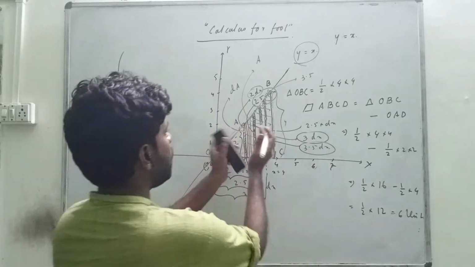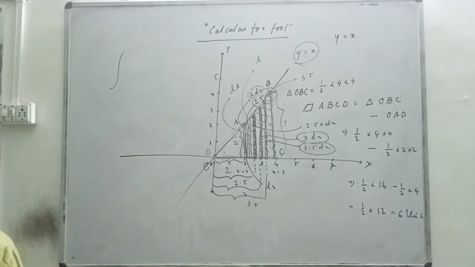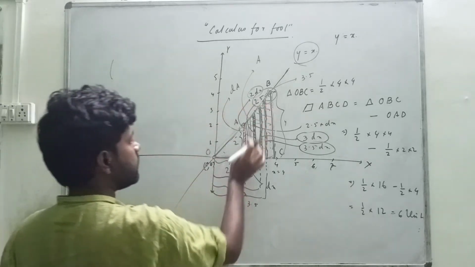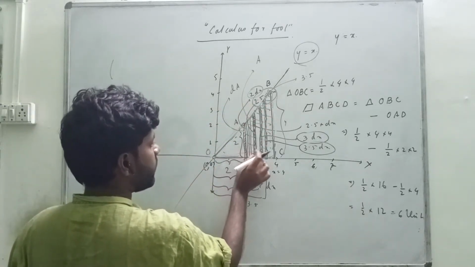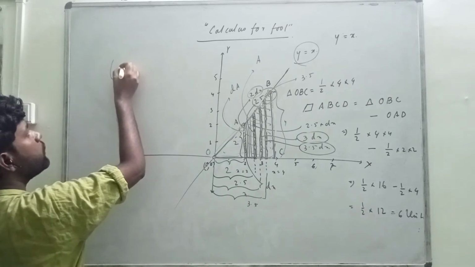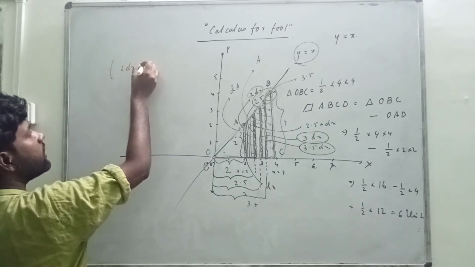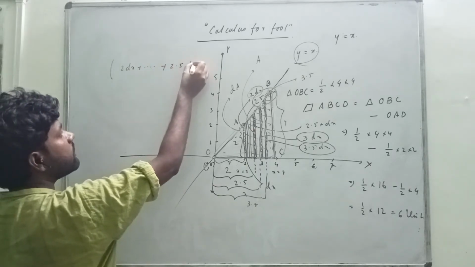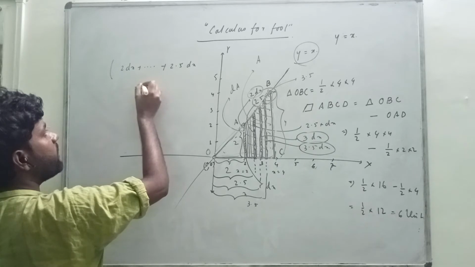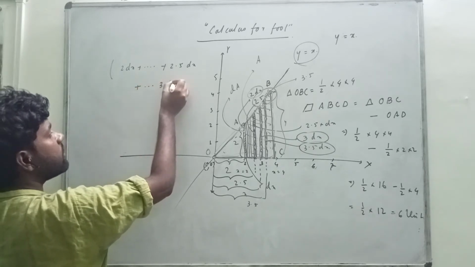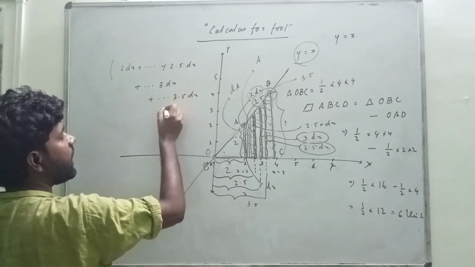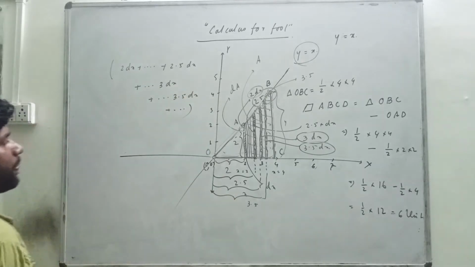And infinitely many more. So the area of these small things over and over is 2 dx plus infinitely many, 2.5 dx plus infinitely many, 3 dx plus infinitely many, 3.5 dx, and so on, right? It's very simple.